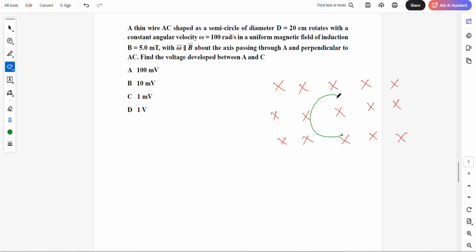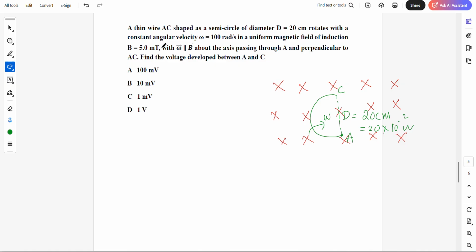It is hinged here. This is the center of rotation. Let me call this A, and this is C. They are given the diameter. Diameter is how much? 20 centimeter, that is 20 into 10 to the minus 2 meter.